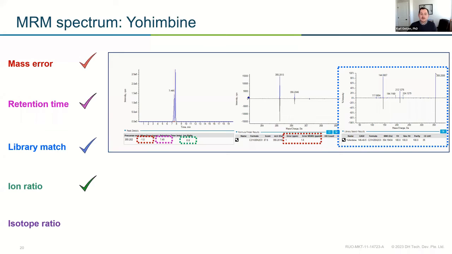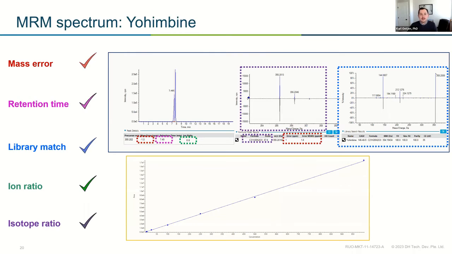I've got my ion ratio still, so I can still compare the ratio of those fragments if I needed to. And then I have my isotope ratio. So the formula makes sense for what I'm seeing in my MS1 spectrum. So now I'm incredibly confident. There's really not a lot of room for me to be not confident that this, yes, is indeed my compound of interest. And the goal here, the question I was asking, was how much.